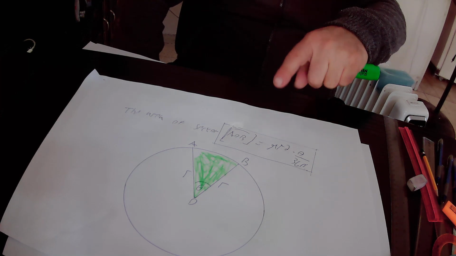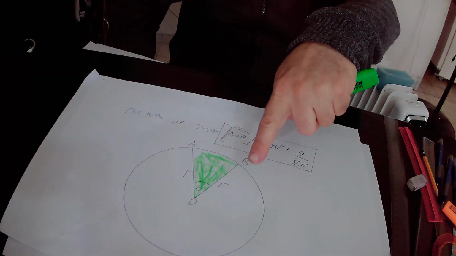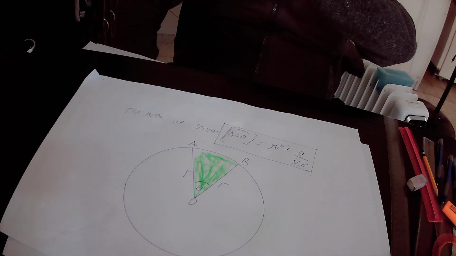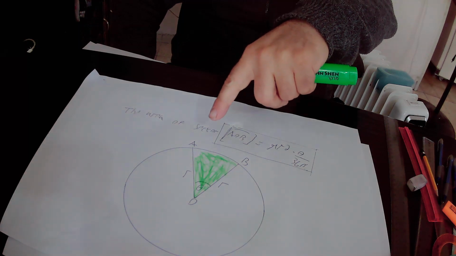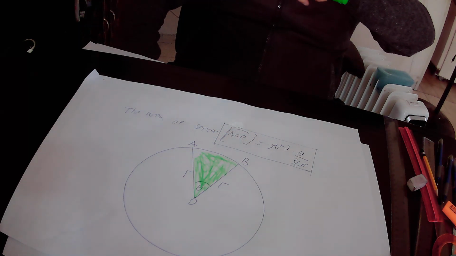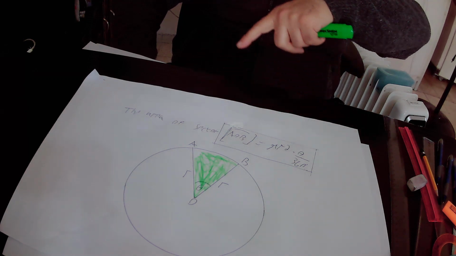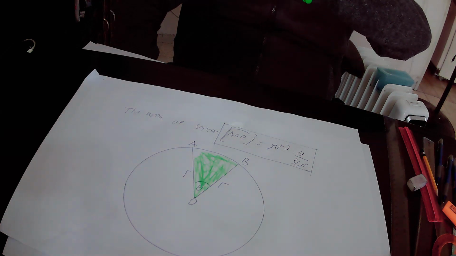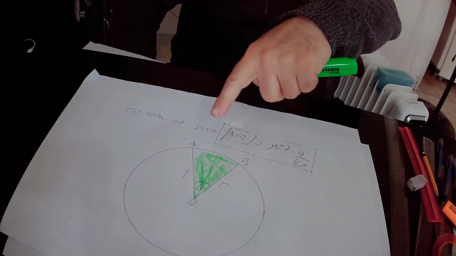The angle between those two legs AO and BO of the green sector AOB is angle theta. The area of this green sector AOB equals pi r squared, that is the area of the circle, times theta over 360 degrees, where theta is the angle between the two legs.